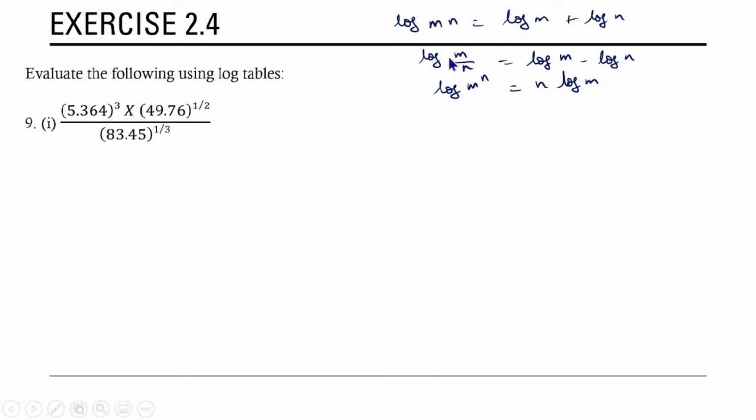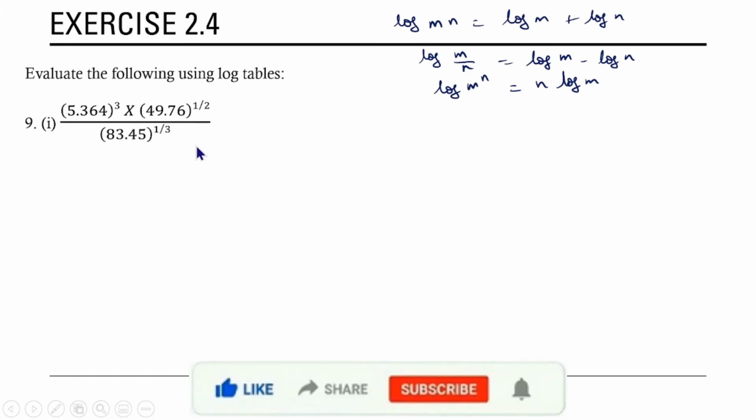If we remember these, instead of multiplying two numbers or dividing two numbers, it is easy to add or subtract them. So if we use logarithms, then we can do this easily using log tables and anti-log tables. Now how we are going to do, we will see. Let us take this as equal to x.